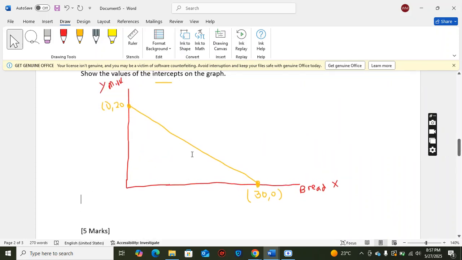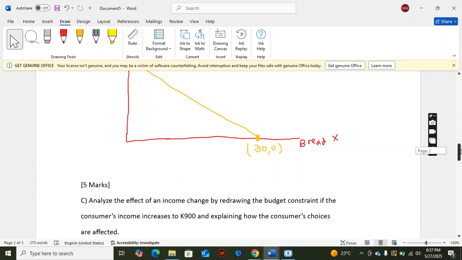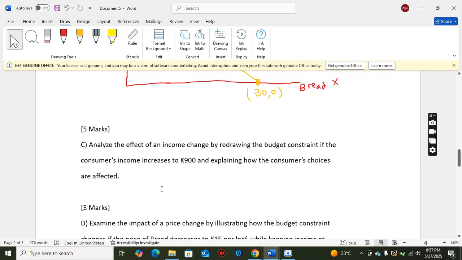I think this is the best one, because the long cut will take you time, and in the exam it will.